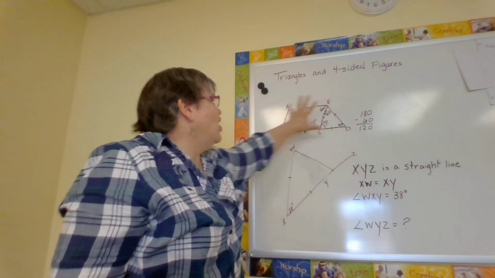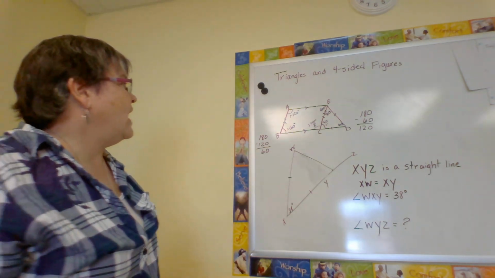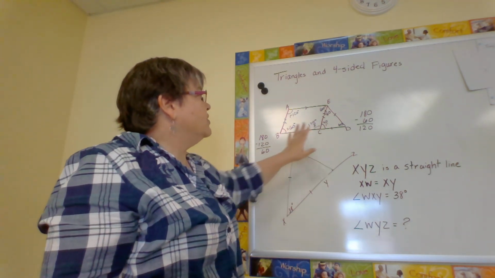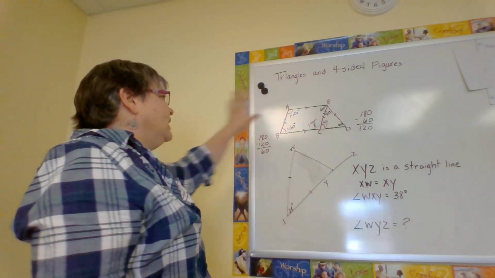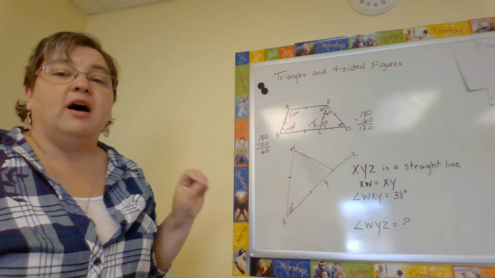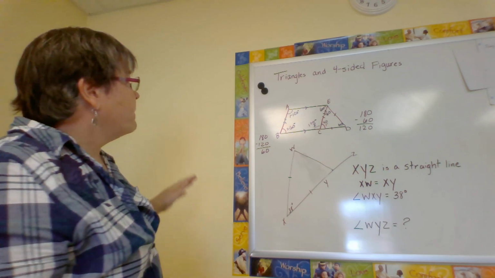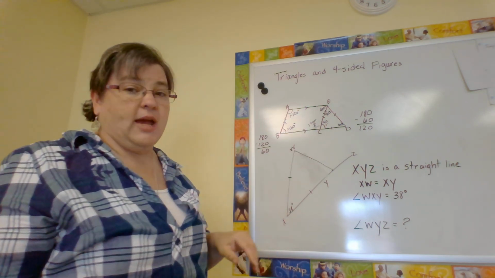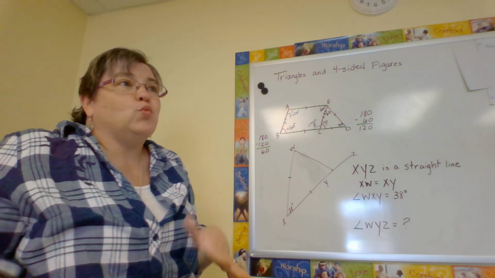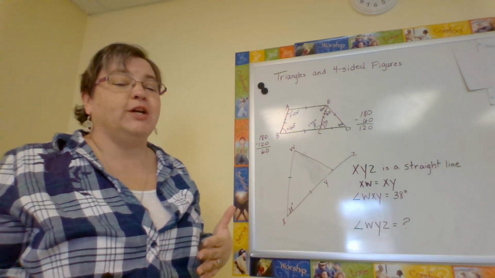So I can find all of that out by having just known that this was an equilateral triangle. I could find all the other unknown angles. That is what you're learning to do.